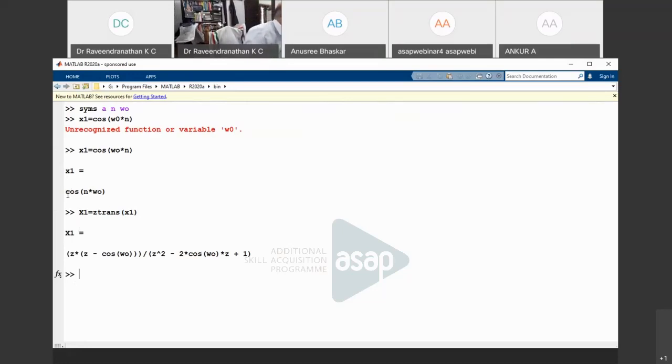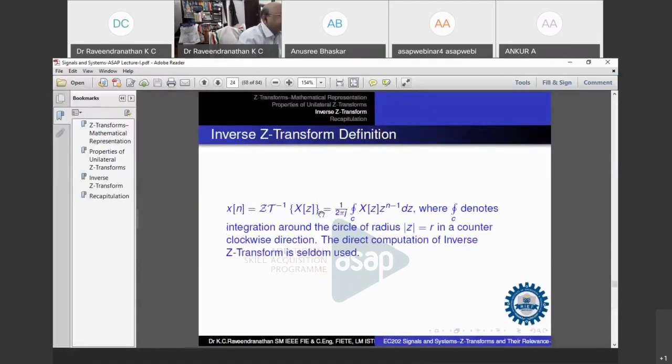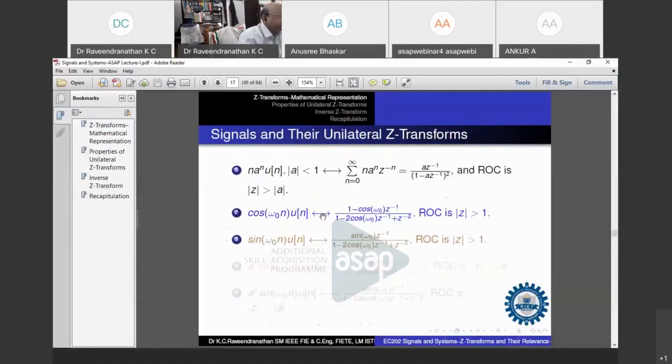When x of n is cosine of omega 0 n, the z transform will be z into z minus. So this is actually given in the slides, the previous slide. So we can write it in this form. Okay.